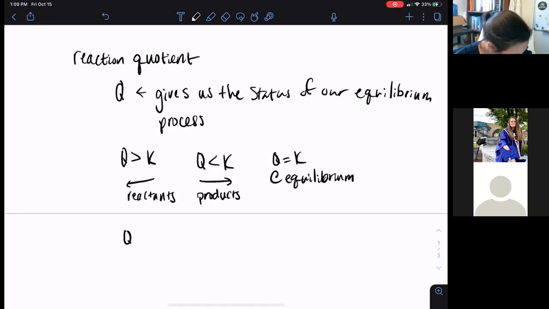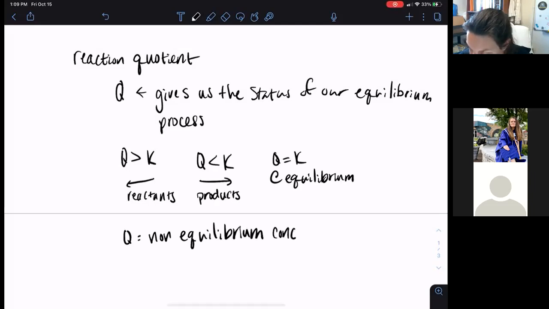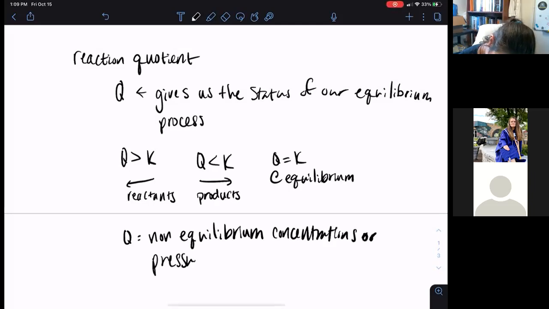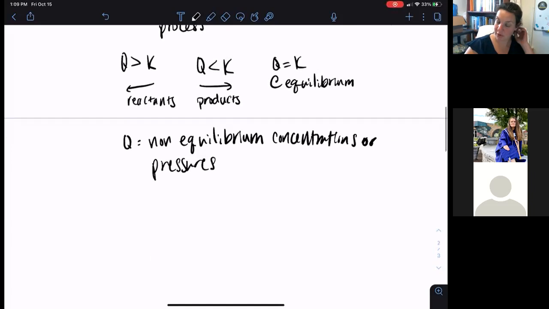With Q, we want non-equilibrium values, so non-equilibrium concentrations or pressures.